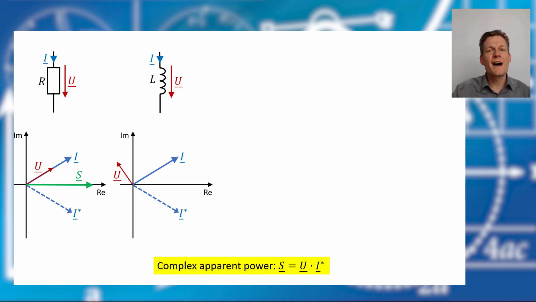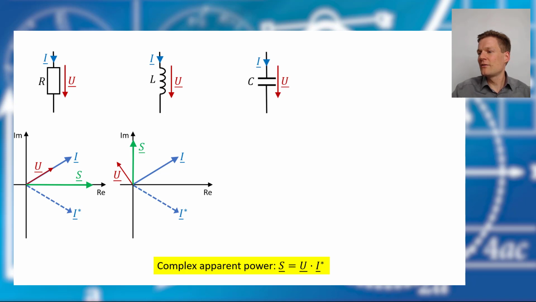And if we now multiply the voltage and the conjugate complex of the current, this leads to a pure imaginary number. And this number is positive, and therefore it's what we need. We said that at an inductor, the reactive power is positive.